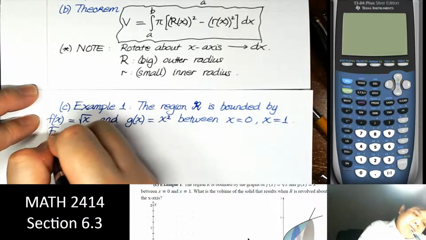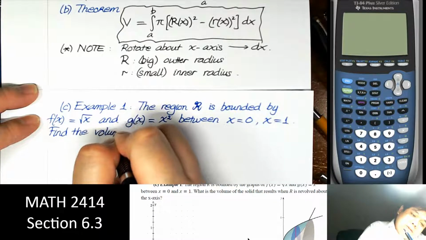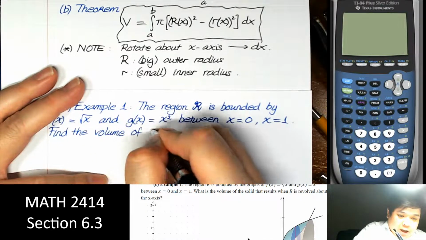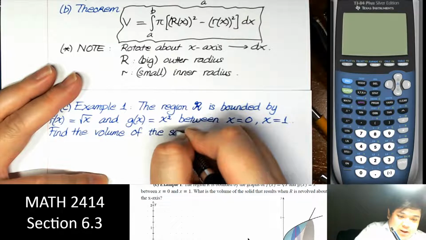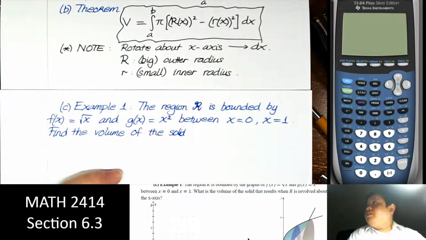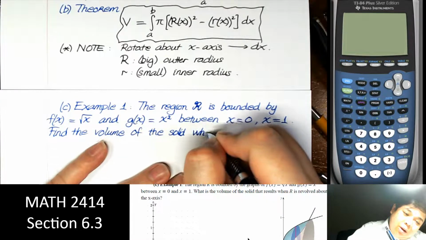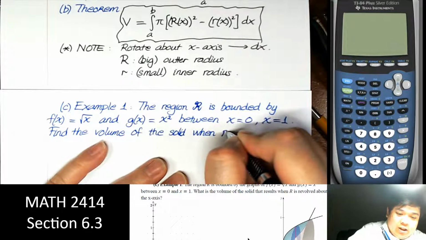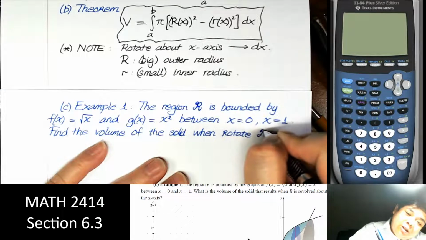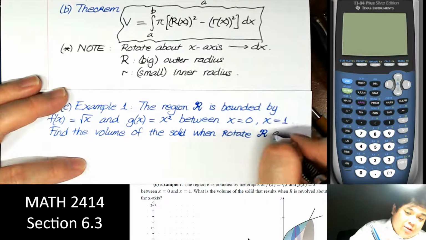Find the volume of the solid when we rotate the region R about the x-axis.